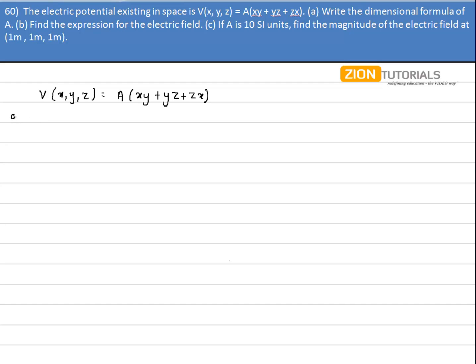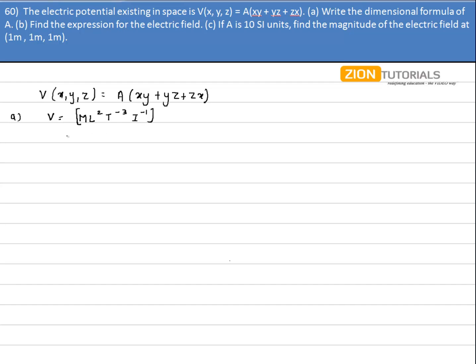For that we should know the dimensional formula for potential V, and the dimensional formula for potential is M L^2 t^-3 I^-1, where M is mass, L is length, t is time, and I is current.